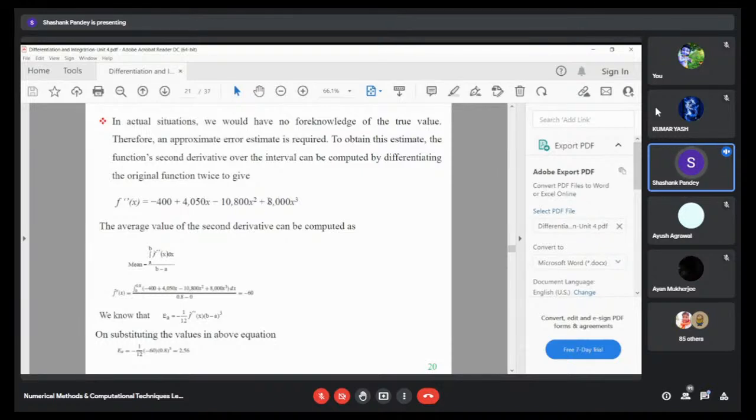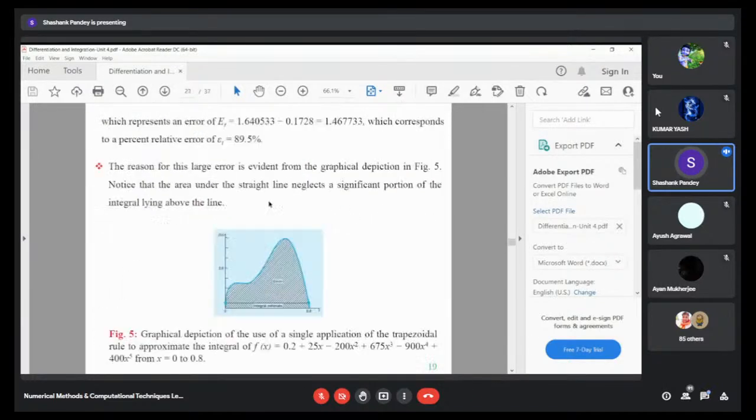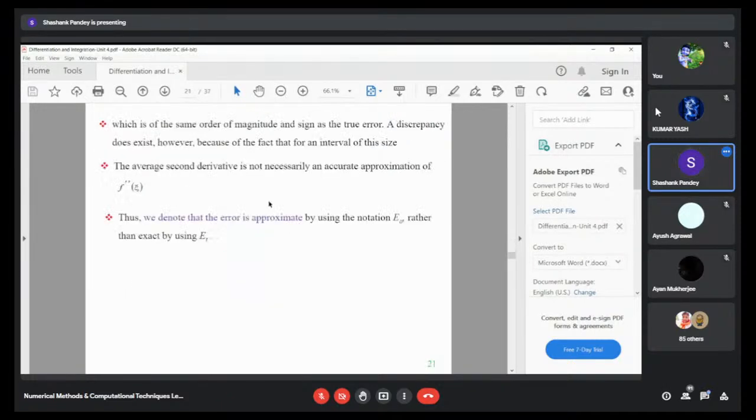I'm not talking about the percentage error, I'm talking about the true error ET with respect to the true solution. So the values are approximately of the same order, which is 1.467733. Since it is not exactly the same, the approximate error EA is not equal to ET, so we give it the name approximate, not true.